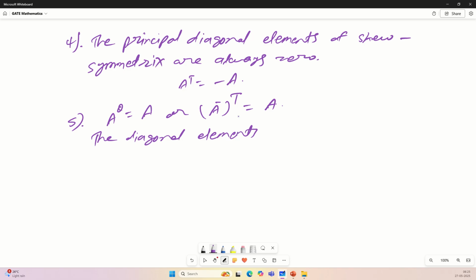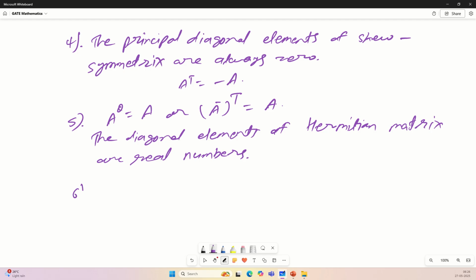The diagonal elements of a Hermitian matrix are real numbers. Understood?